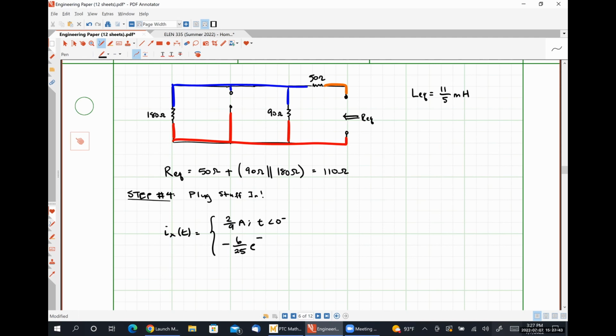So 110 over 2.2 millihenries looks like negative 50,000 t amps for t greater than or equal to 0 plus. And I'm just going to put an arrow here just to make sure. This is 110 ohms divided by 2.2 millihenries.